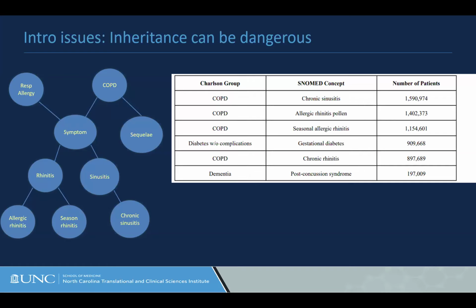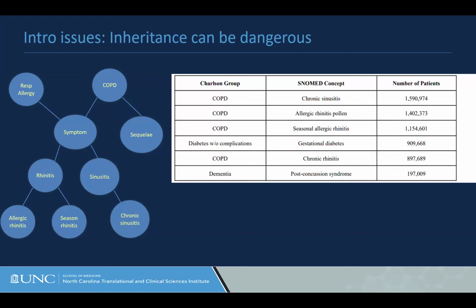And literally within N3C, the COPD Charlson group inherits descendants all the way down to chronic sinusitis and allergic rhinitis pollen and pulls in millions of people to COPD, where their only concepts are these completely unrelated things, right? It's simply erroneous inheritance.